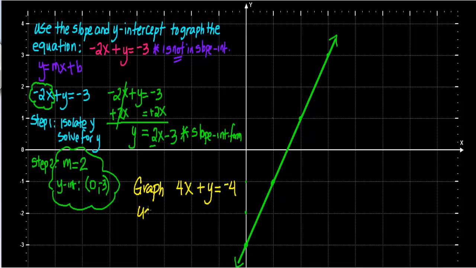And I want you to use slope-intercept. Okay? So you know what that means. That means you have to, step 1, isolate y or solve for y like I did here, and automatically you will have your equation in slope-intercept form, and you know what to do from there.